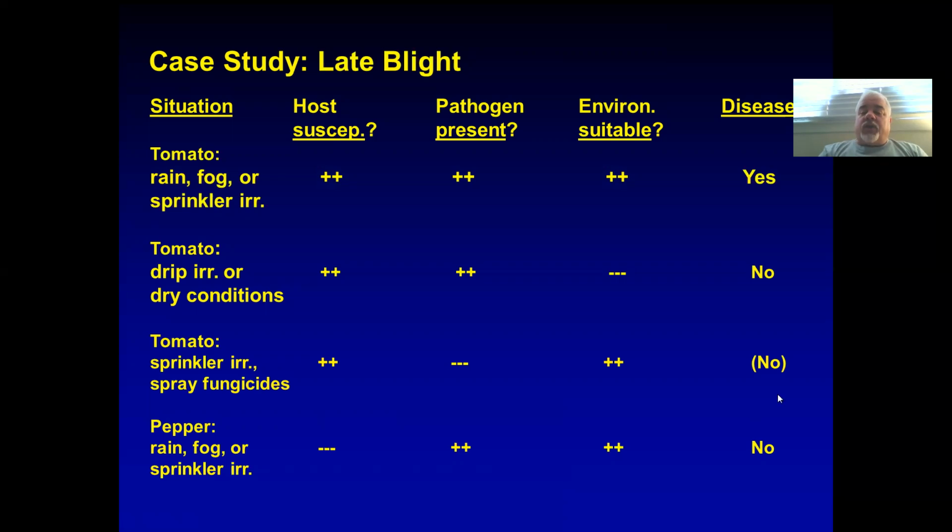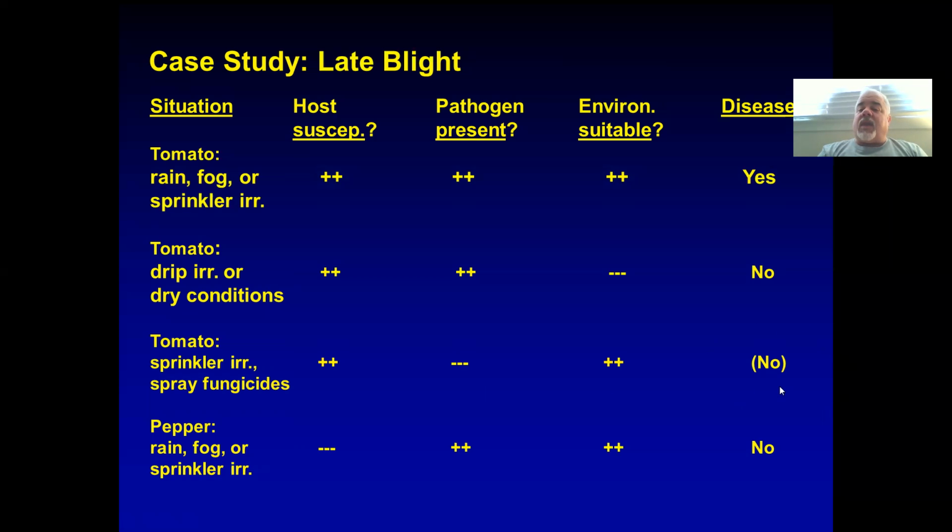Anyway, now you'll notice that no is in parentheses here because, are fungicides perfect? No. Fungicides are not perfect. So even though you've removed the pathogen, it's possible that there is some that didn't get killed by your spray routine. Maybe the chemical isn't as effective as you thought it was.